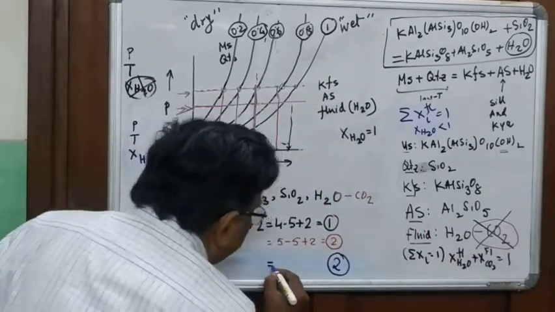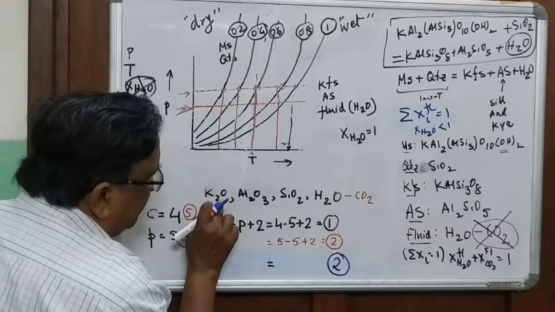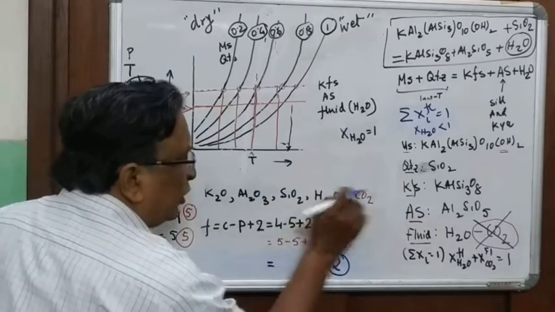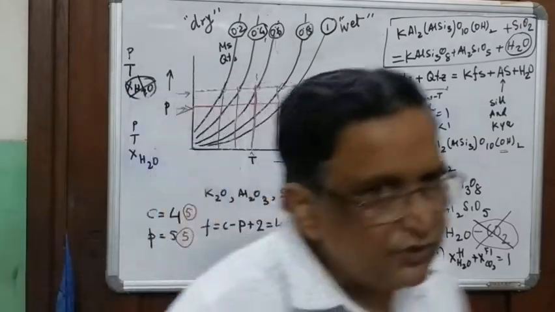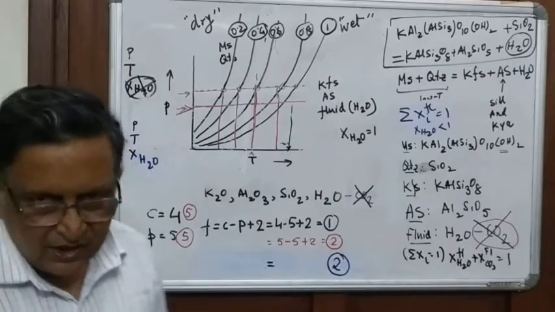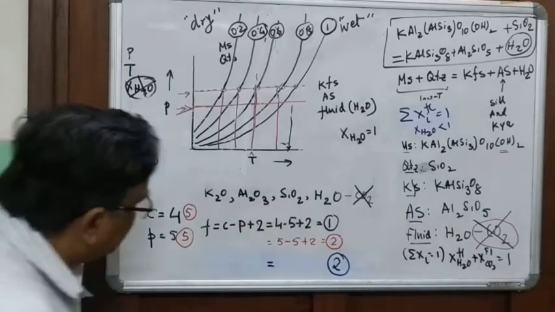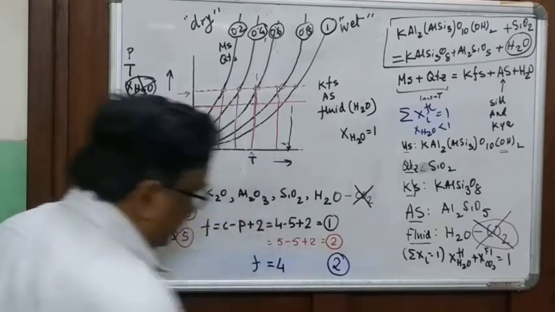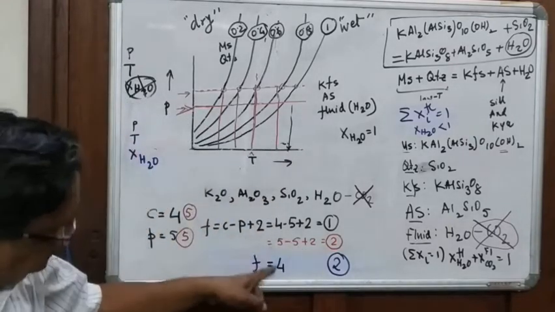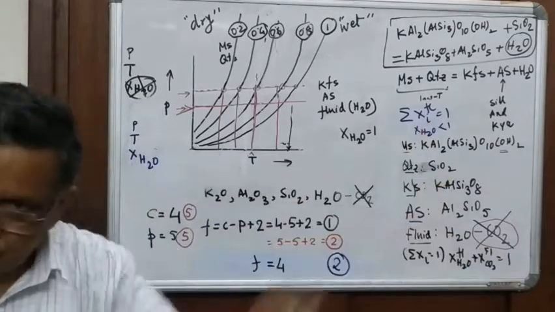Now you see, for such a system, the system components will be 1, 2, 3, 4. Not 5, because there is no CO2 to start with. Okay? So you have 1, 2, 3, 4. So your C value is equal to 4. Components are 4, not 5, which you did by adding CO2.